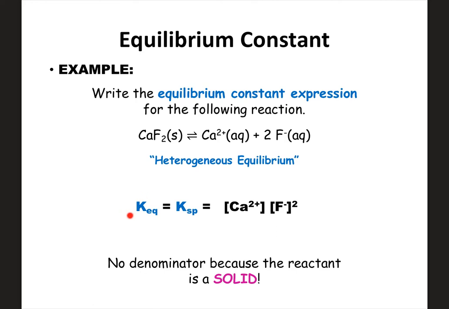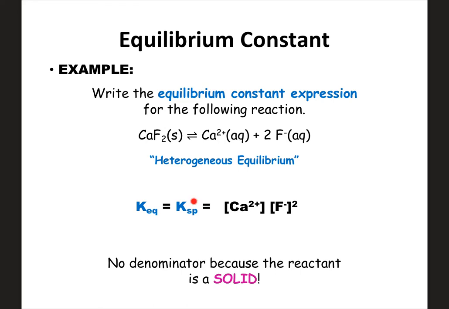So when we write this, again, KEQ stands for your equilibrium constant at equilibrium. This more specifically would be a KSP. If you remember when we did KSP, you had the solid dissociating into its ions in equilibrium. We never had anything on the bottom because you always have your solid as your reactant. The reason there was nothing on the bottom is because when you write an equilibrium constant expression, solids and liquids don't participate in that expression.